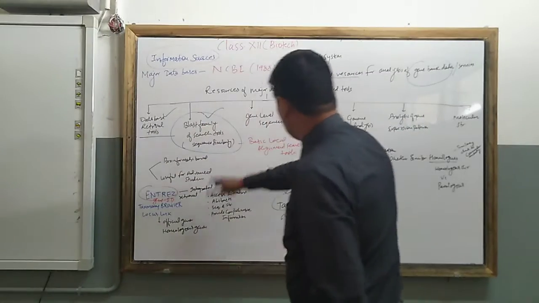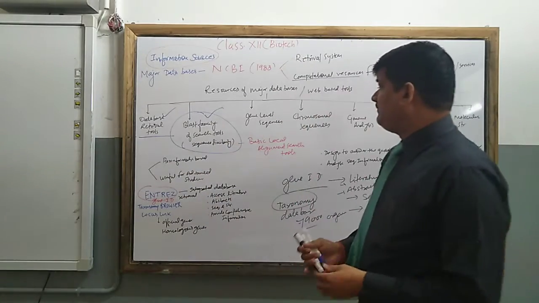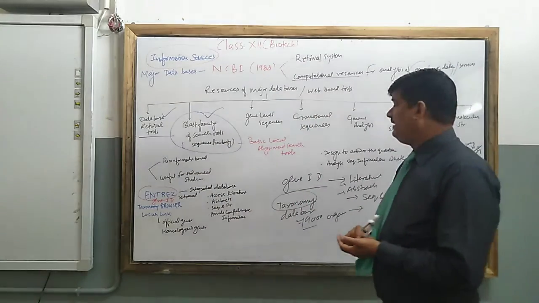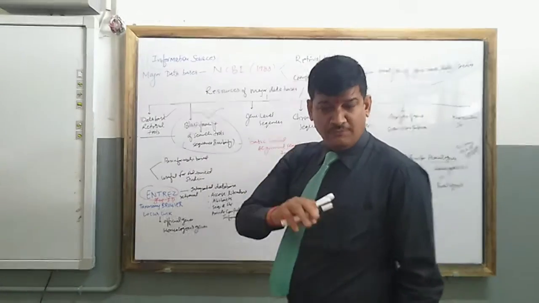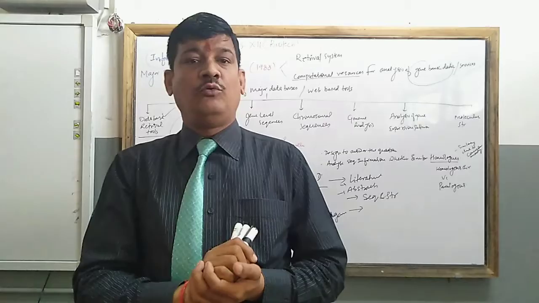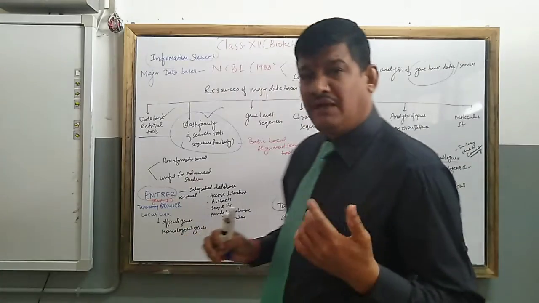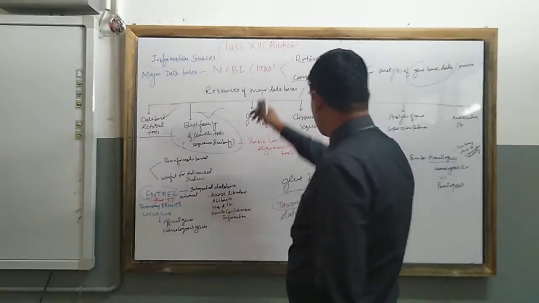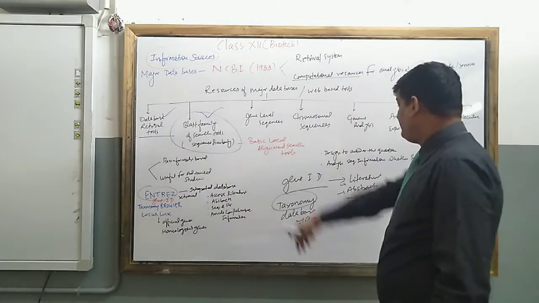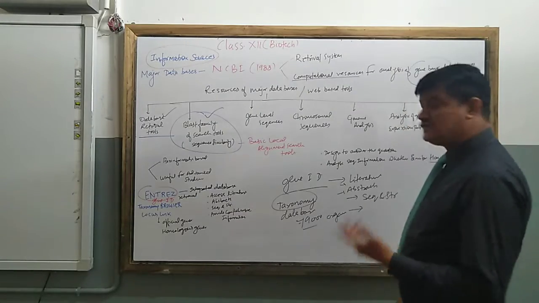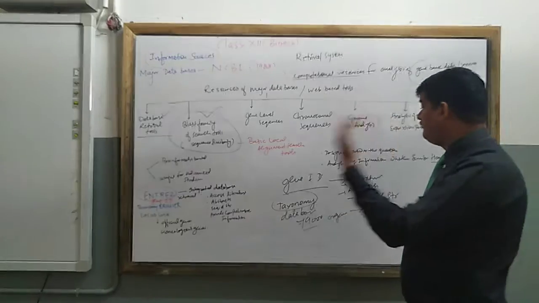Now, if I come to the BLAST family, BLAST stands for basic local alignment search tool. So this BLAST family is so important. Why? Because it took part in the sequencing of the particular molecular structure, and that molecular structure is used to answer questions related to molecular biology or bioinformatics.